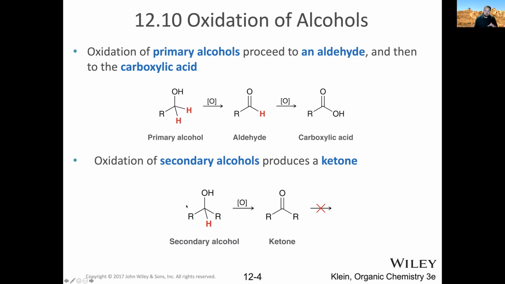Now, regardless of the conditions that we're going to talk about with regard to stopping at aldehydes or not being able to stop at aldehydes, most of the reagents we're going to see will take the secondary alcohol with the single alpha hydrogen on it and transform it into a ketone.